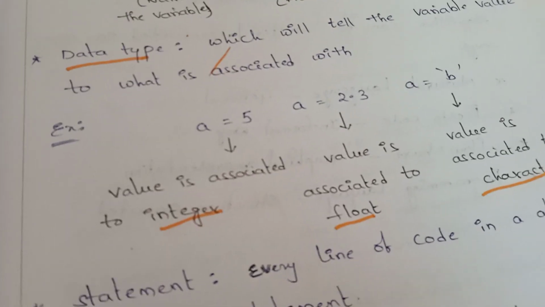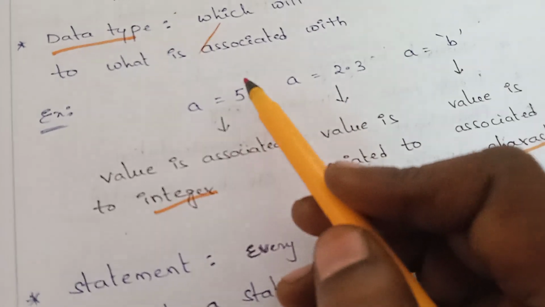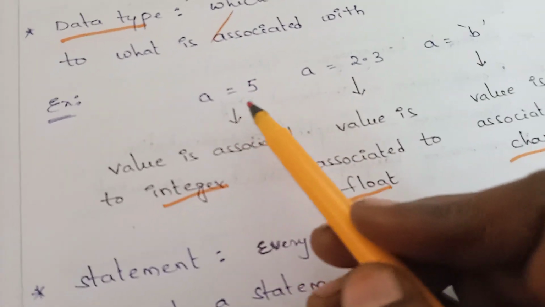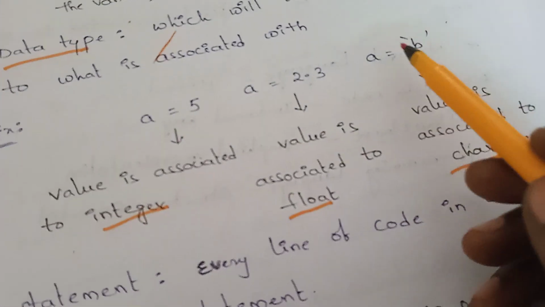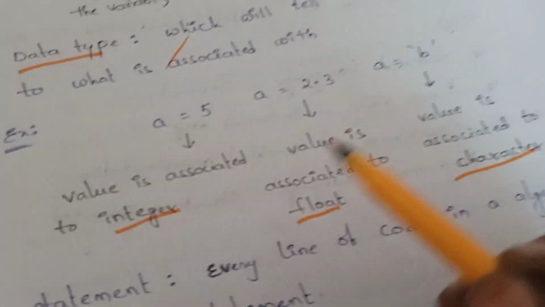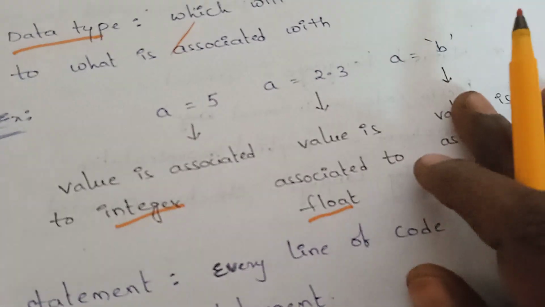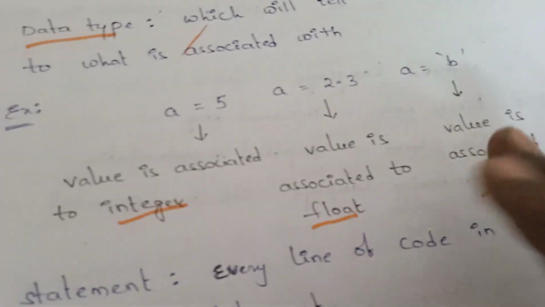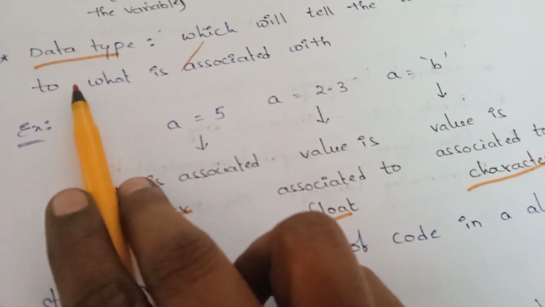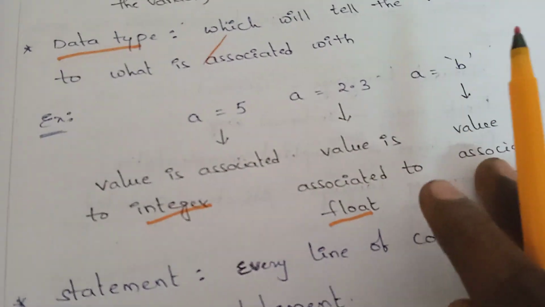The data type will tell. If I write integer a is equal to 5, now 5 is what? An integer value. 2.3 is what? A floating value. B is what? A character value. As a person, I can recognize these values because I have some mathematical information. But how will the system recognize it? With the data type. With the data type, the system knows whether it is integer, float, or character.